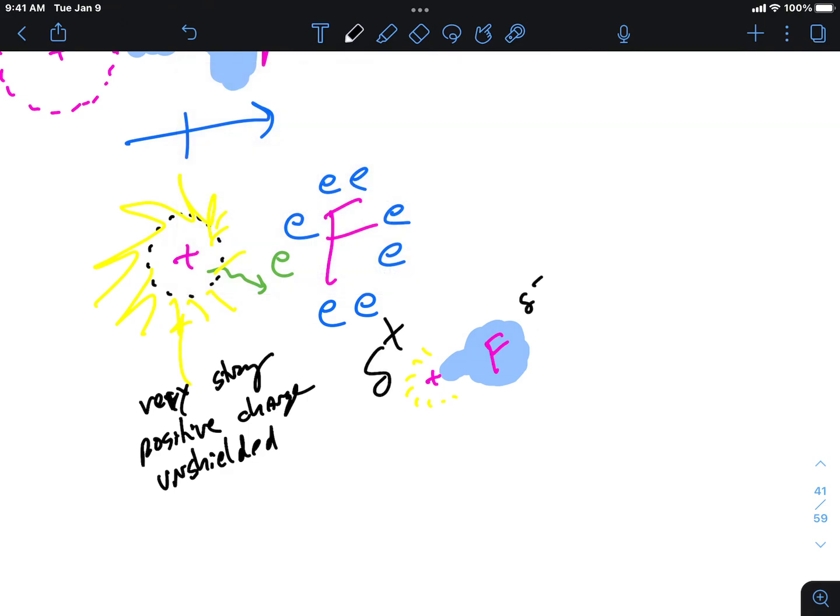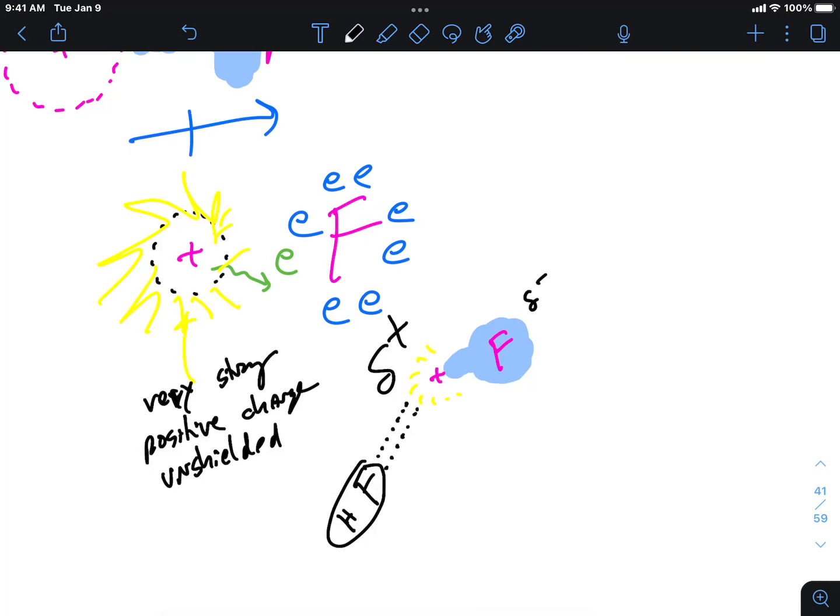So we write a huge delta positive there. So then other molecules are more attracted to it than a normal dipole-dipole.